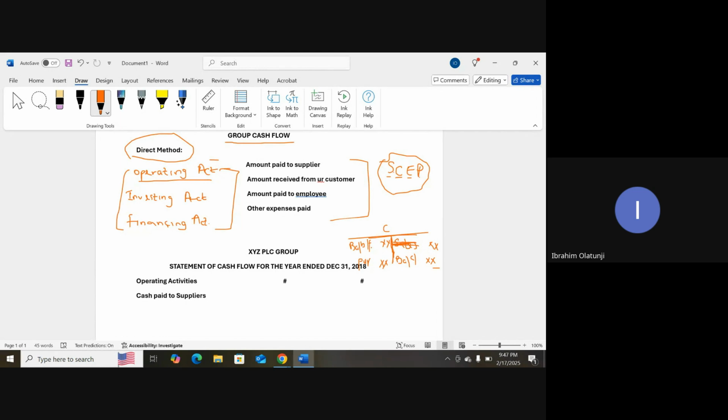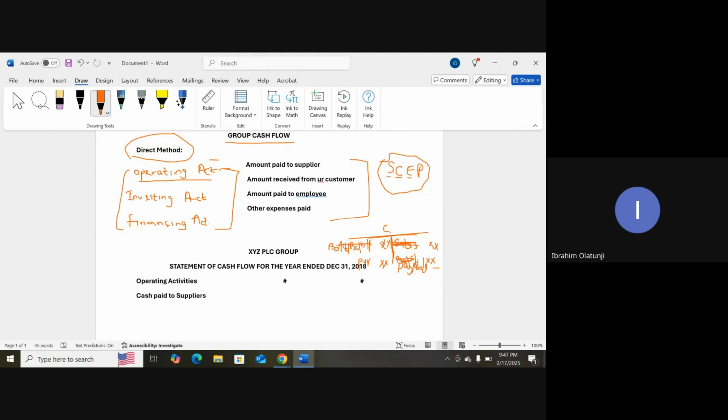Then here will be balance brought forward of trade payable. Sorry, it's my mistake. I'm thinking of other things. Balance brought forward of trade payable. Then this one will be balance carried down of trade payable. Then you do plus and minus, and the difference is the cash that you pay to your supplier.